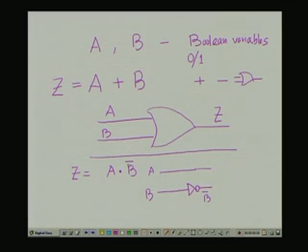Then the dot will be replaced by an AND gate, and this is my Z, so Z equal to A B bar. So, a simple OR gate and AND gate can be drawn if these two Boolean expressions are given.